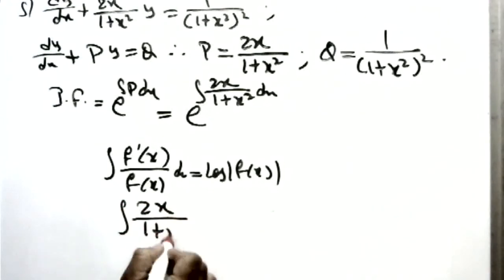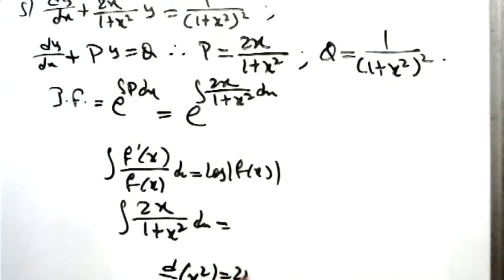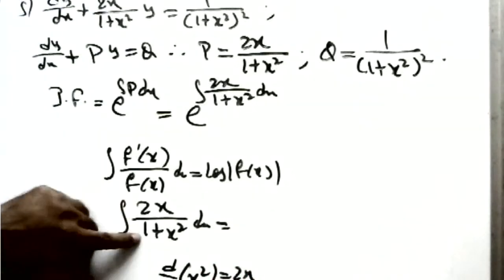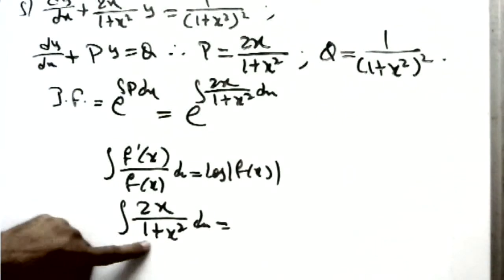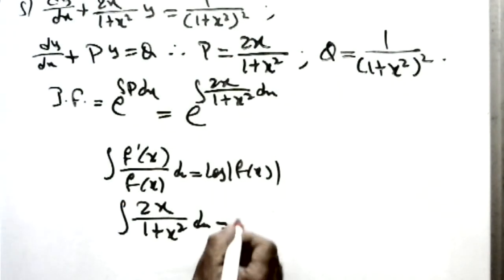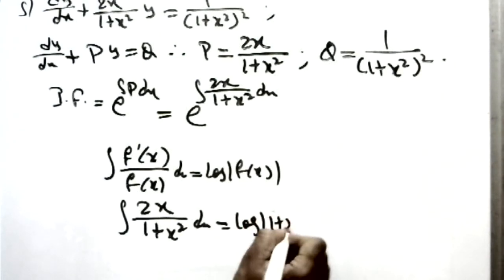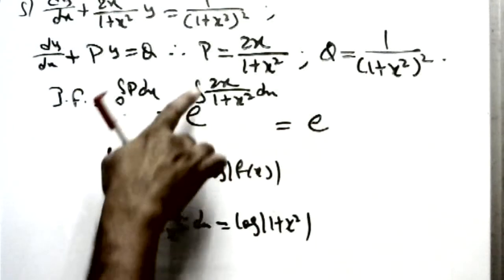Now watch carefully. Integration of 2x by 1 plus x square. Differentiation of 1 is 0, and d by dx of x square is 2x. So if you differentiate 1 plus x square, you will get 2x. That is, this is f dash x, and this is f of x. So we get log of mod f of x.